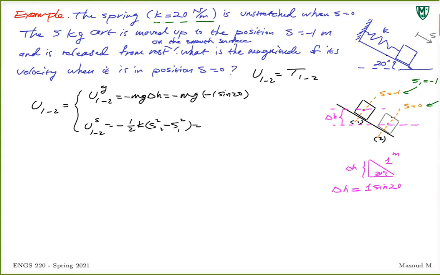If the spring is unstretched at S equal to 0, it means it's compressed 1 unit when we are up 1 unit. So S is equal to minus 1, or 1. You don't need to be worried about positive or negative because this is squared. So the amount the spring is stretched or compressed is 1.